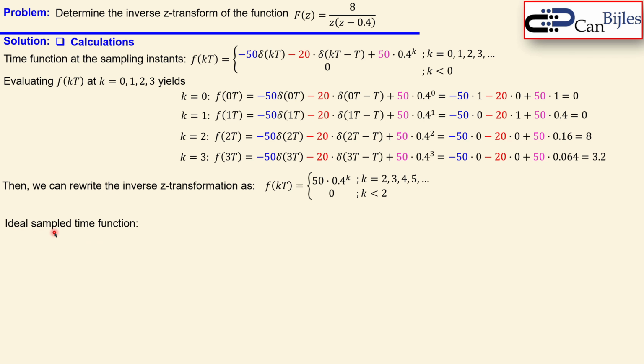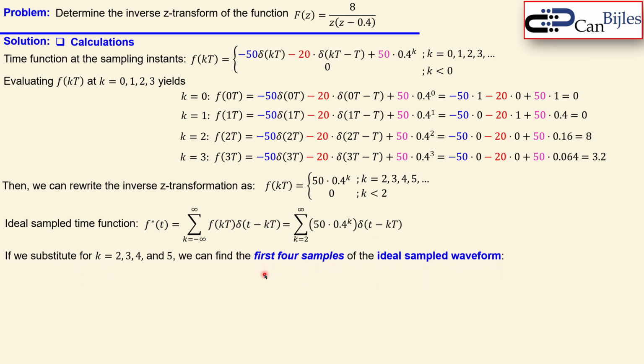Now we can make the ideal sampled time function using this summation. So we multiply our function using this delta function, as we did in the previous example. You just pick this and start your summation from k equal to 2 up to infinity. And now we can develop our function, and we can present here the first 4 samples of the ideal sampled waveform. So k is 2, 3, 4, and 5. So just substitute here for k is 2, 3, 4, and 5.